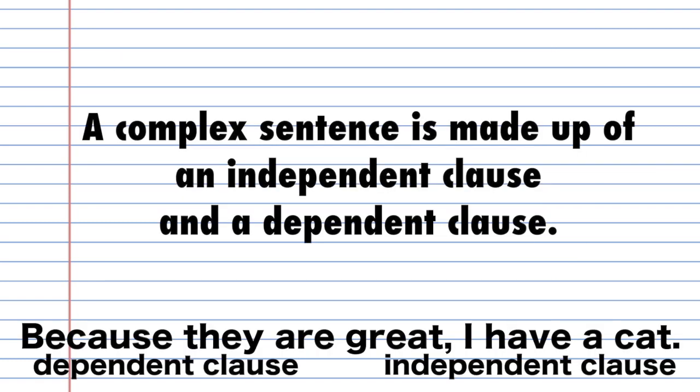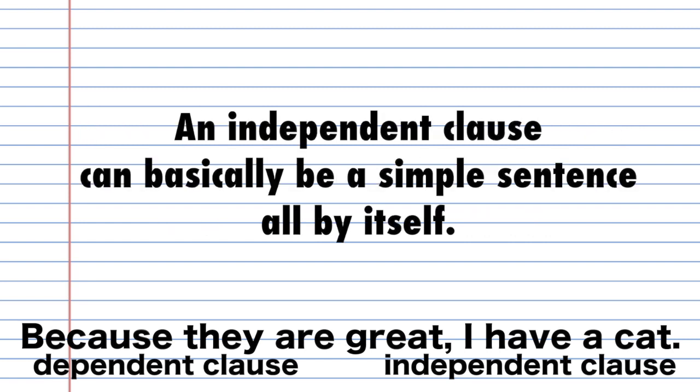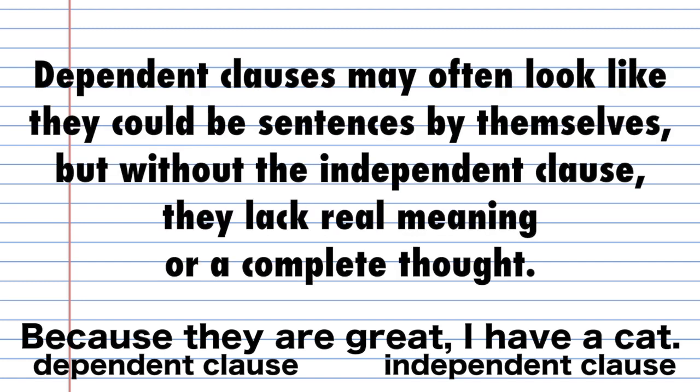A complex sentence is made up of an independent clause and a dependent clause. An independent clause can basically be a simple sentence all by itself. Dependent clauses may often look like they could be sentences by themselves, but without the independent clause, they lack real meaning or a complete thought.